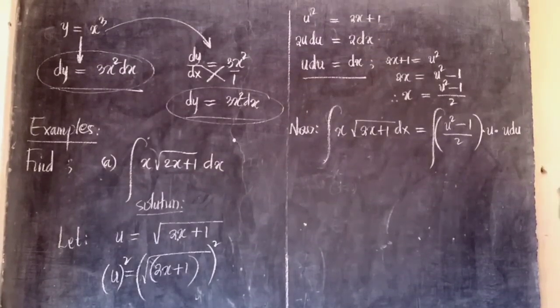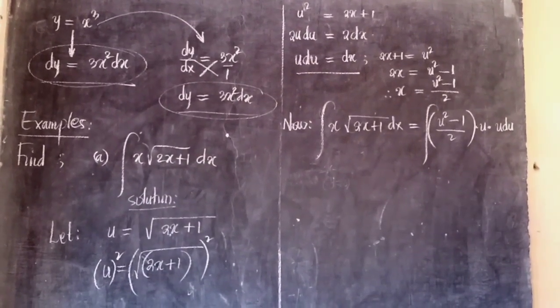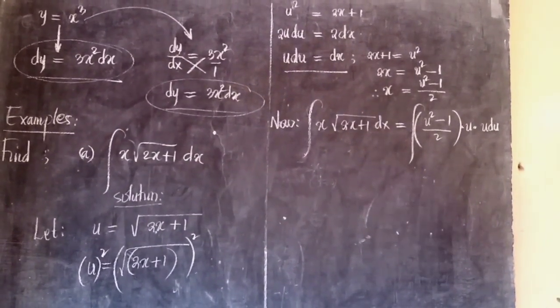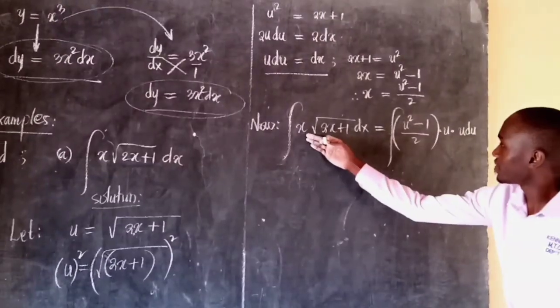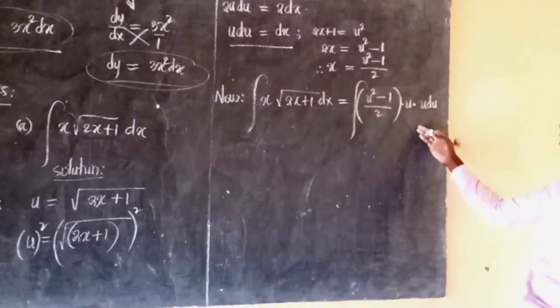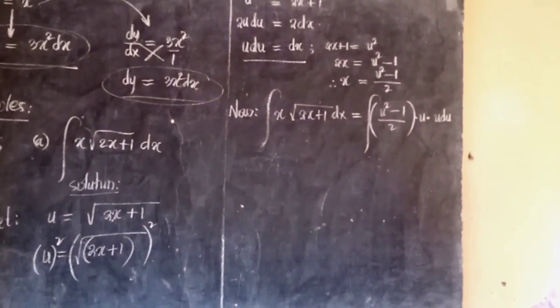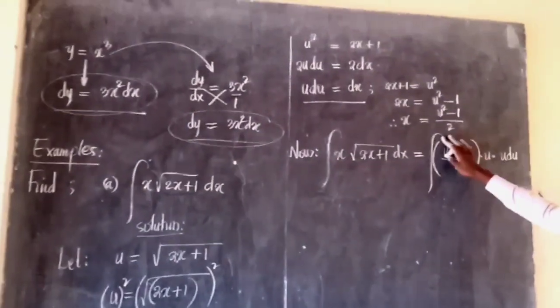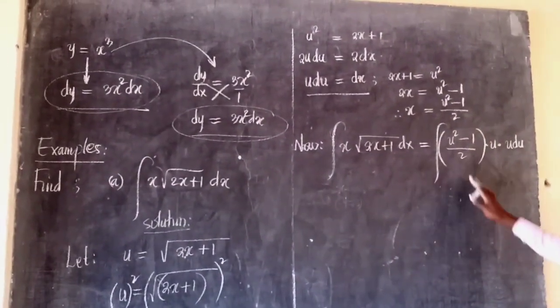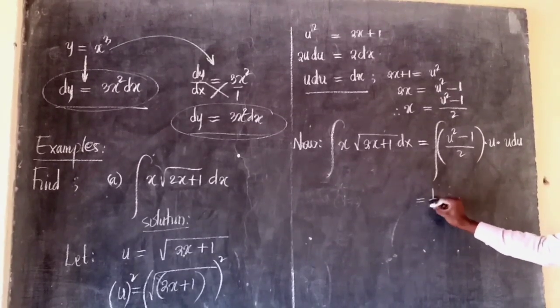Remember, candidates, our first technique is change of the variable. As we noted, change of the variable. I've changed the variable from x to u, and then carry out the general process of integration. No more fractional powers. Smartly take out the half.